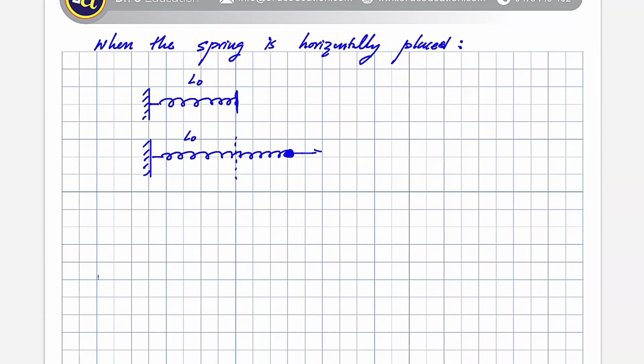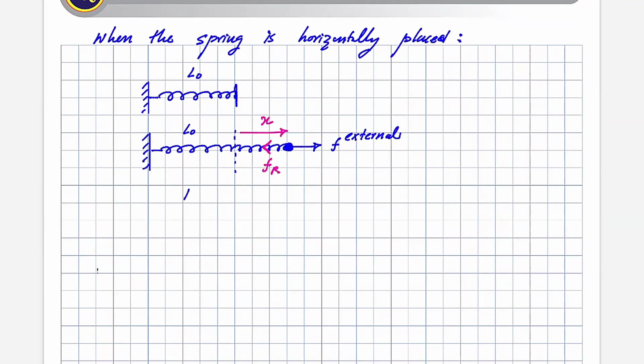We are going to pull this object with an external force, like I'm pulling you. What will happen? There will be an extension here, x. Due to this pulling, there is a restoring force on the spring. That is FR.